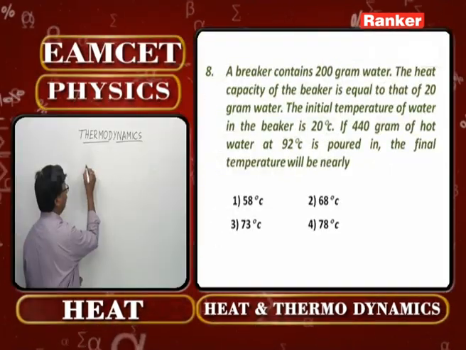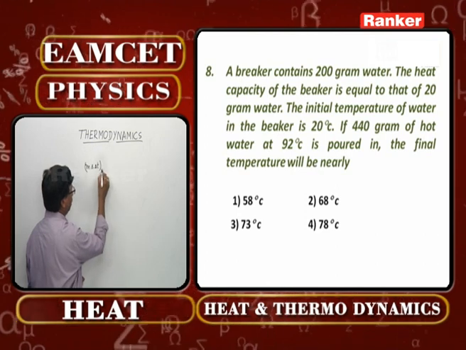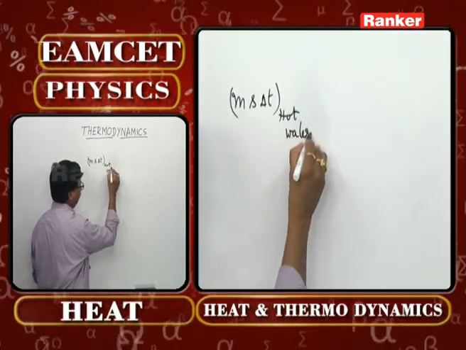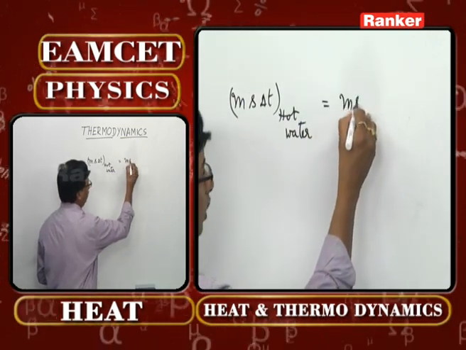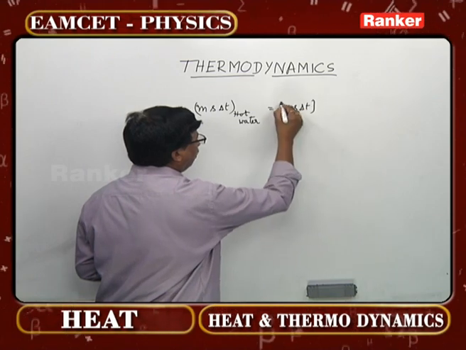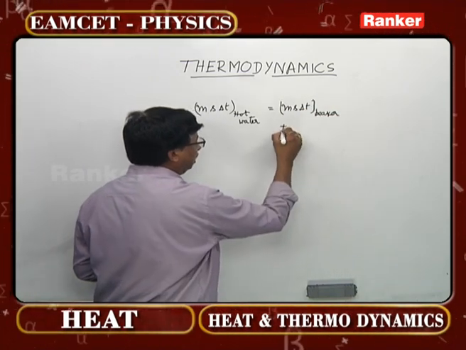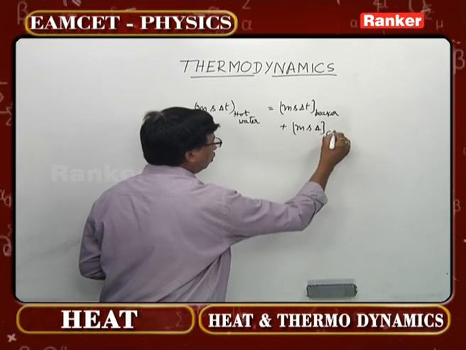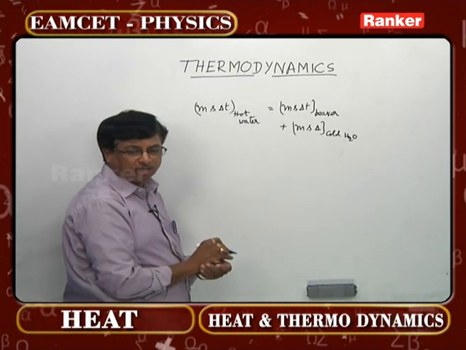So what we should understand here: ms delta T of hot water, that you can take for granted, heat lost by hot water is equal to ms delta T of the beaker, in the sense heat gained by the beaker, plus ms delta T of the cold water that was inside the beaker right from the very beginning.